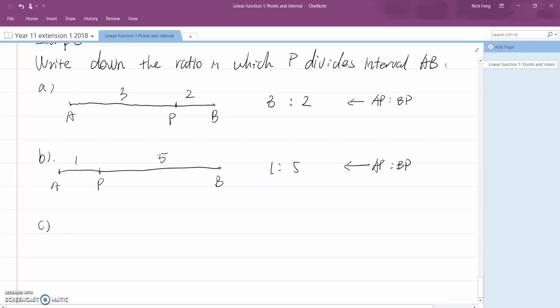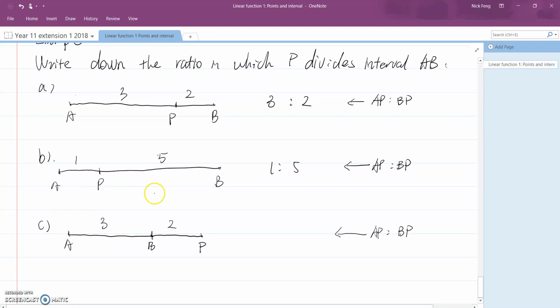Now this time, let's take something different. If this is 3 and this is 2, is the ratio still 3 to 2? Not really anymore, because do you remember, it's always still AP to BP.